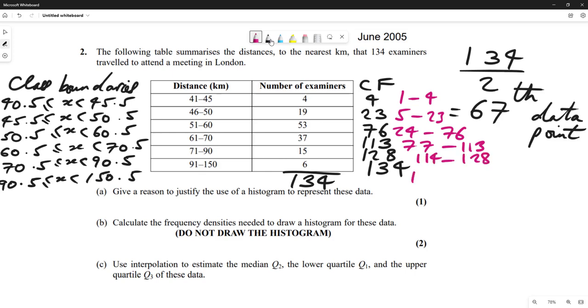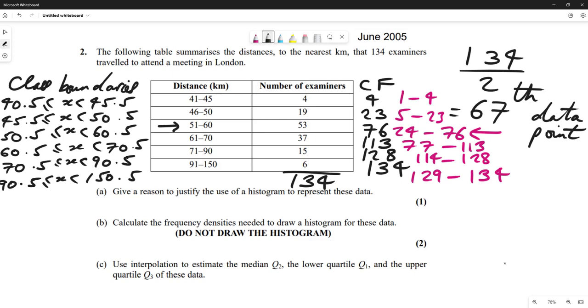And this group contains 129 to 134. So the 67th value must lie in this group because that contains the values from 24 to 76. So it's the third row, and we're interested in this class. The class we want is from 50.5 to 60.5. That's the lower and upper bound of the class boundaries.